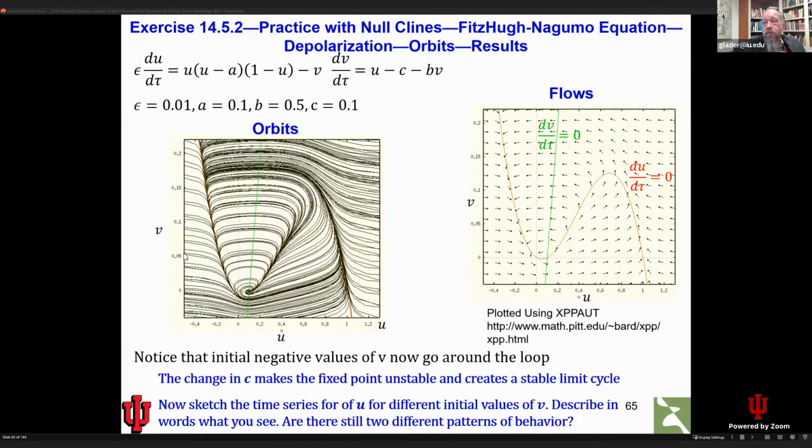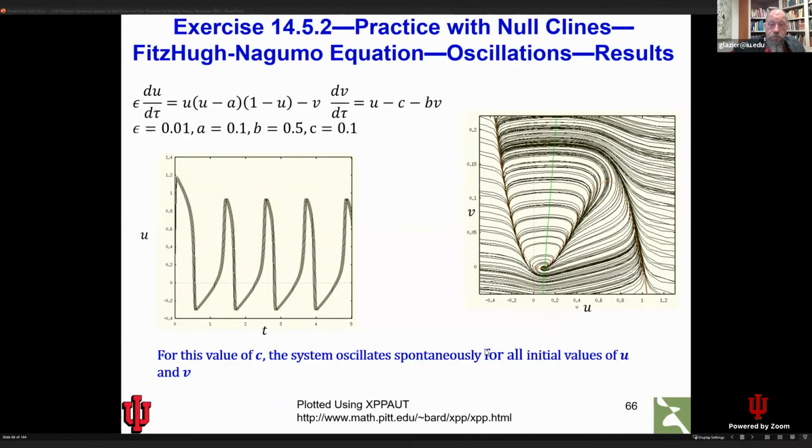Remember before, if I started at u equals 0, then you shoot to 0.5, v positive, before it would bump into that fixed point, right? Now, no matter what value of v I start with, I go underneath that fixed point, go around, and go around in that cycle. And so now I have oscillations.